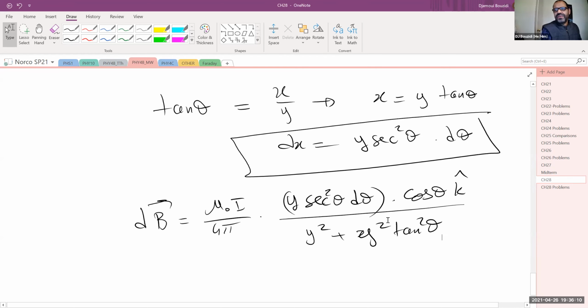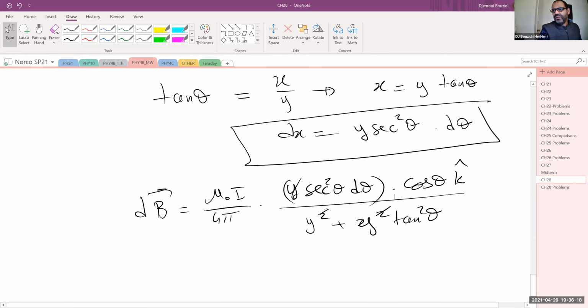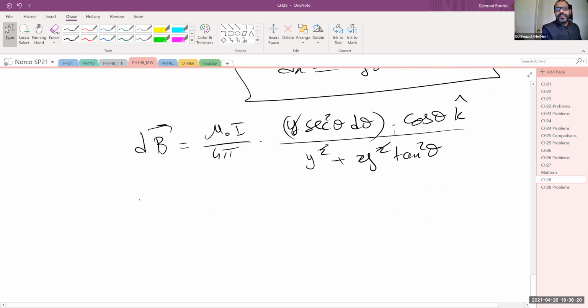So I'm going to cancel one of these y squared with this y, and I'm going to pull the y to the other side. So what we're left with is dB equal to mu naught I over 4 pi y, because we have another y coming from the denominator.